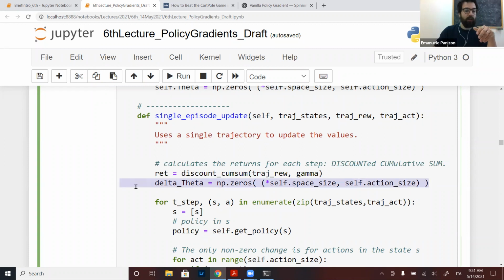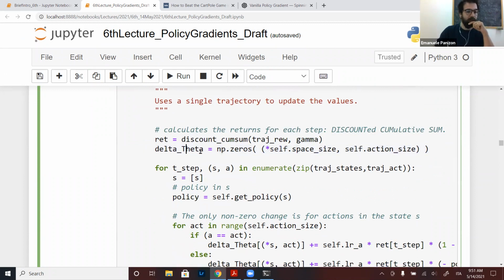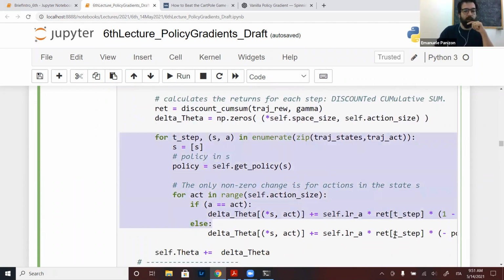Then what I do here is I'm storing a way to compute only once the change in the policy, and then for all the different time steps, for every step I have 3 values. I have the time step, the state I was in, and the action I took. Then I'm asking what is the policy of doing the different actions where I was.